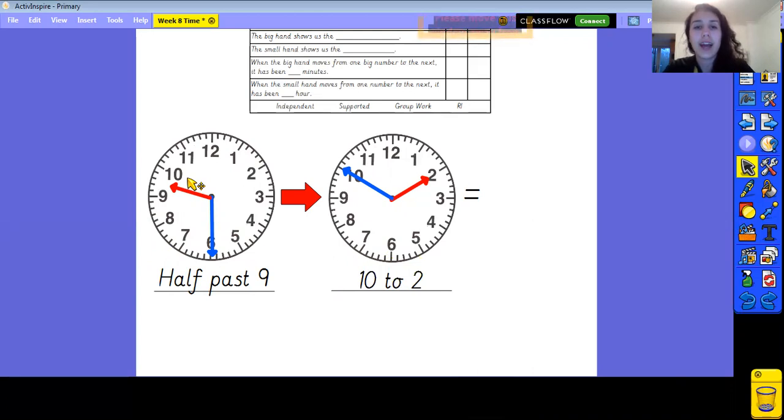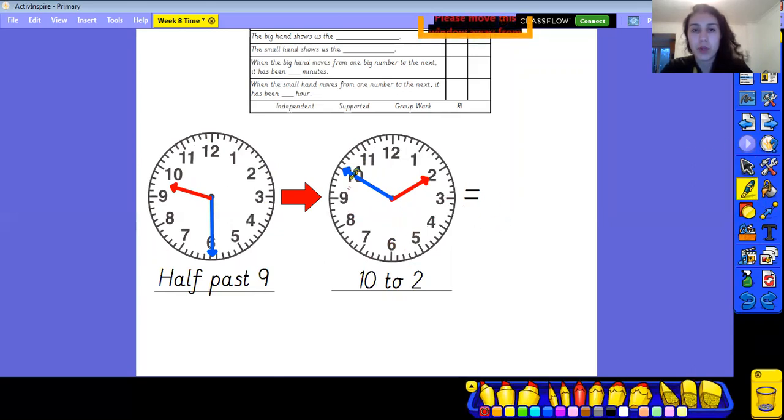So the first thing that I would do is make the minute hand the same. So I can see that on this clock, the minute hand has moved to the 10 to position. So that means it's over the 10. So how many minutes have gone by from here to here? So let's count. 5, 10, 15, 20.